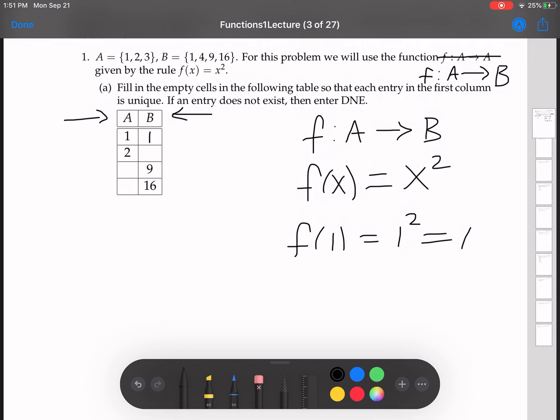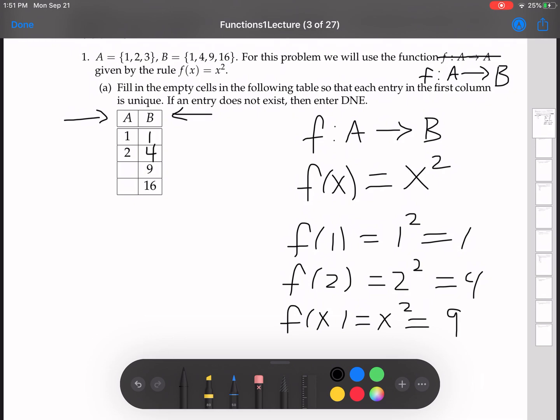So we put a 1 there. f of 2 is 2 squared, which equals 4. So you put a 4 there. Okay, so let's see, f of x equals x squared, which equals 9. So what is x? Well, we have a 3 there.